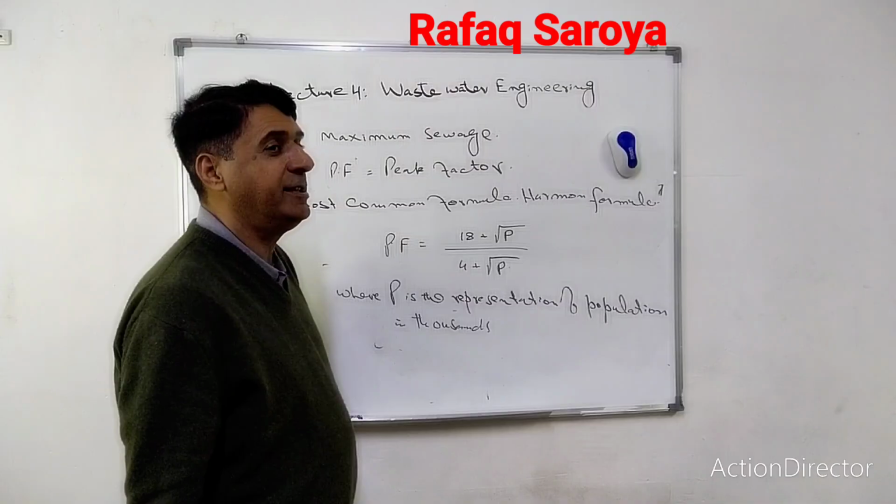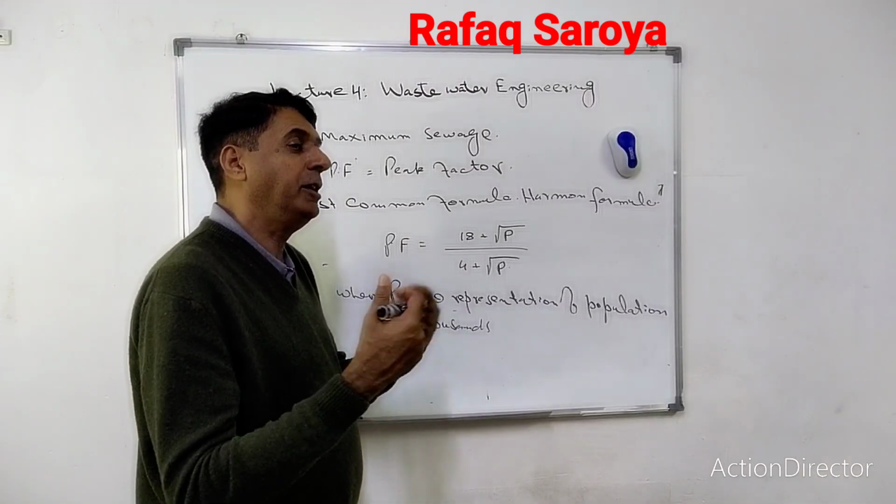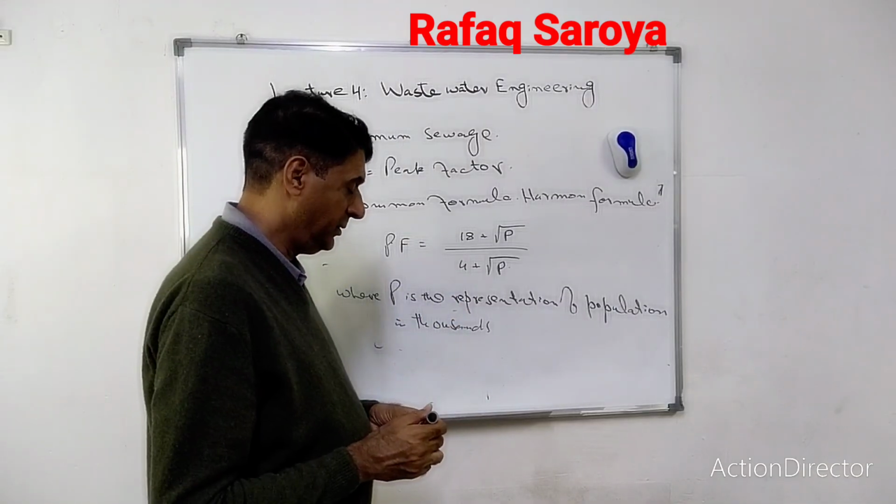If my population is less than 1,000, it is converted by dividing it by 1,000.